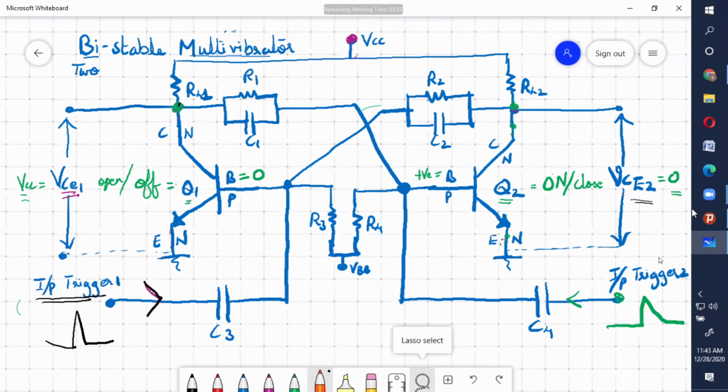Have you seen traffic lights at nights? Students, have you seen traffic lights? At nights, what color will it be showing?